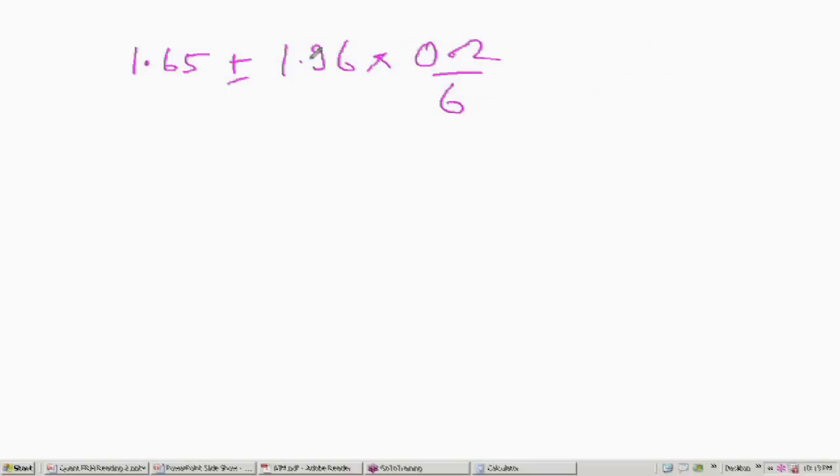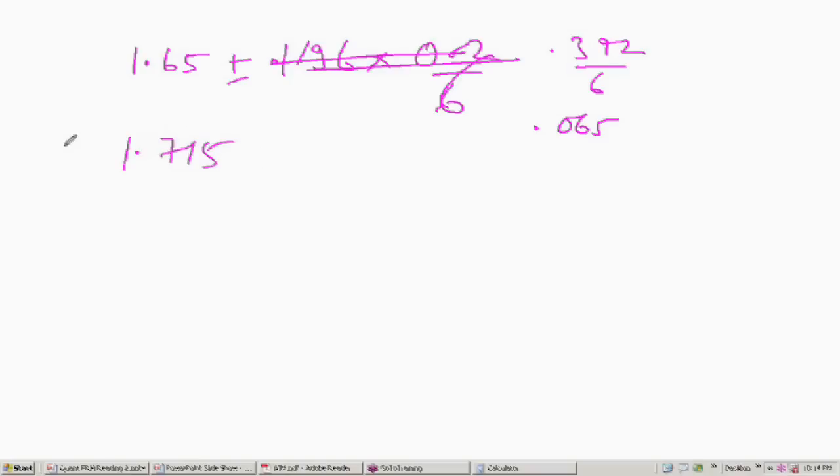It is 0.392 by 6, so it will be 0.065. So it will be 1.65 plus minus 0.065, which is 1.715 on the right side and 1.585 on the left side. So it will be between 1.585 and 1.715.